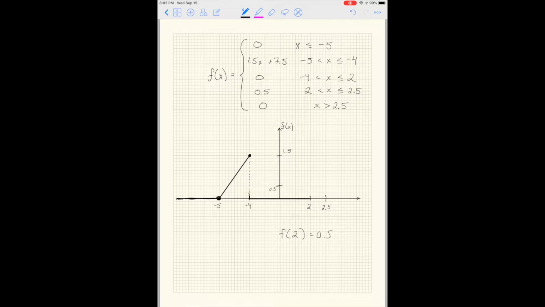So I know that just like this was 1.5 up here, then this thing here is that, and then it's 0 outside of this range.